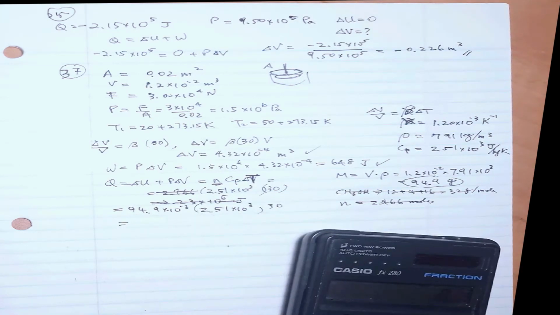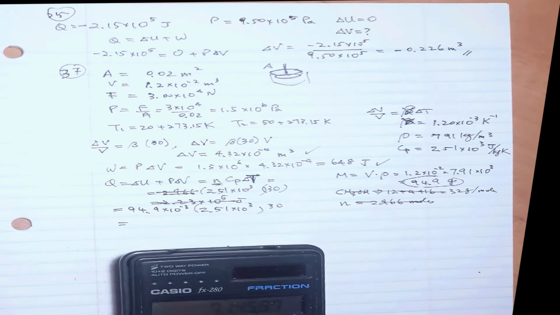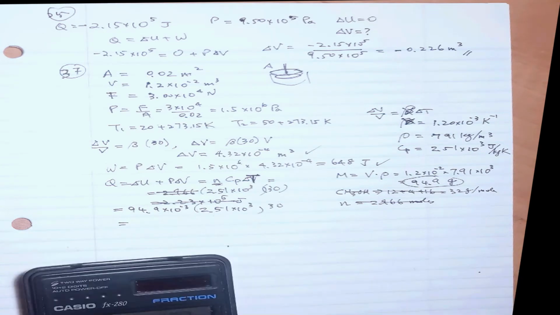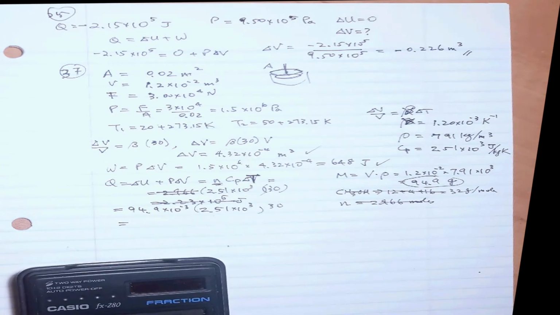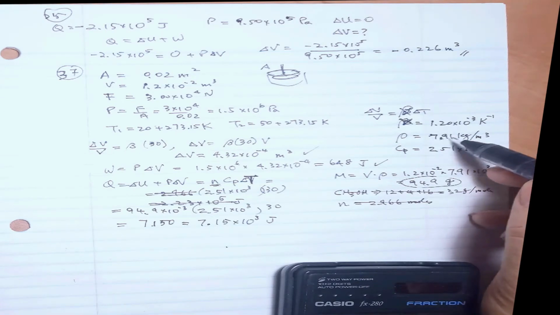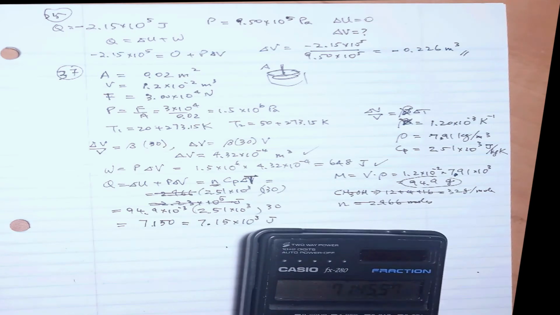Okay, so let's see if that will give us the answer. Times 2.51 times 10 to the 3 times 30. That gives 791. Oh, this is not 7.91, it's 791. So, okay, here's another mistake.